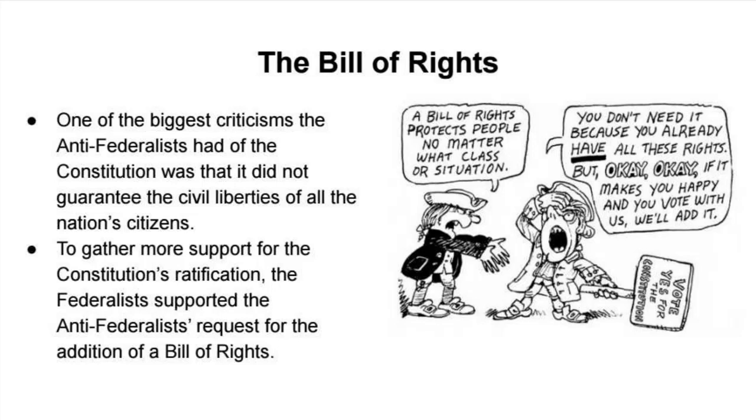So this is really the Federalists gaining more support for the Constitution ahead of putting it out to the people for a ratification vote by promising to add the Bill of Rights. And this would be done 2 years after the first government took office in 1789, because the final form of the Bill of Rights was adopted in 1791.